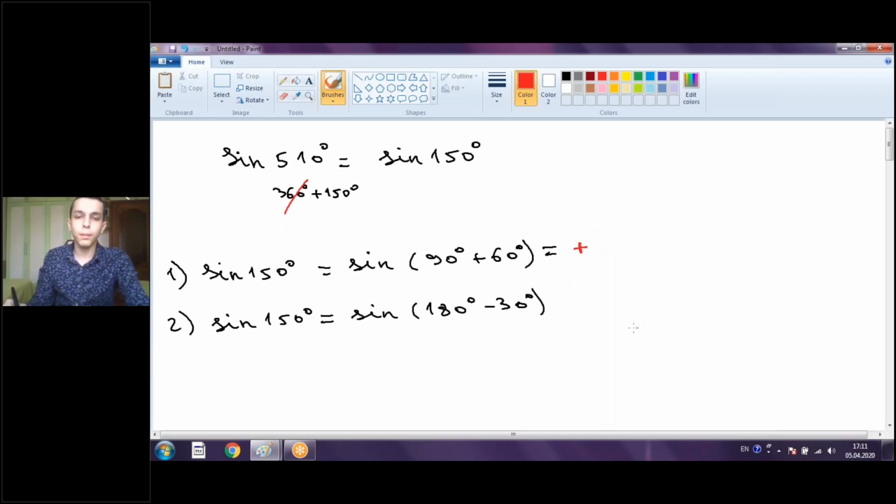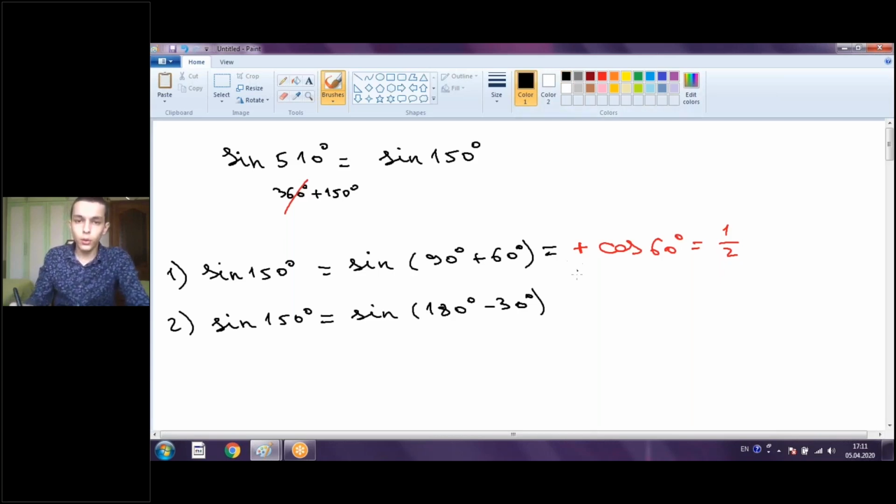And the last step, if we have 90 degrees or 270 degrees, we have to change sine to cosine. And this angle you just copy. And from the table, we know that it's square root of 3 divided by 2. Oh, sorry, it's 1 over 2.